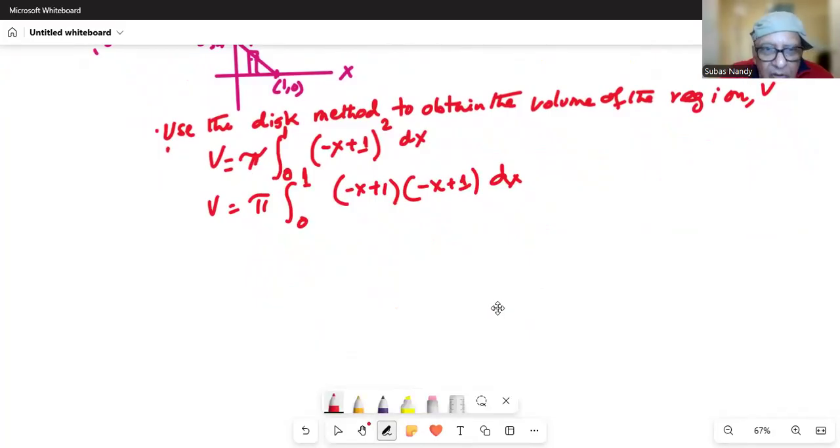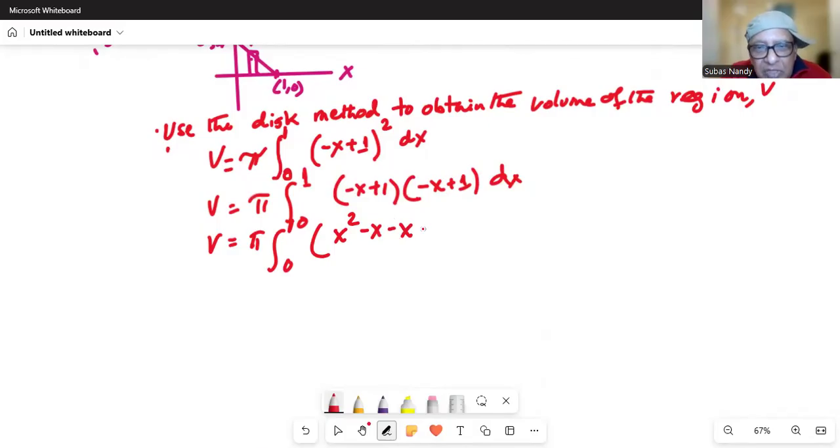So volume is equal to pi times the integration from 0 to 1. Minus x times minus x is positive x squared, minus x times 1 is minus x. I'm doing the FOIL method: first term, then outside term, then inside term, which is 1 times minus x, also minus x.